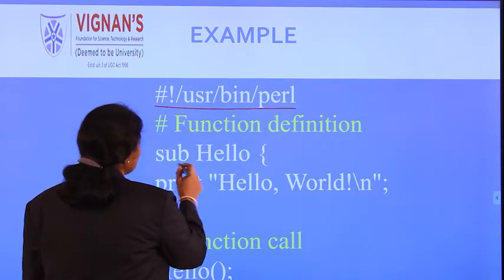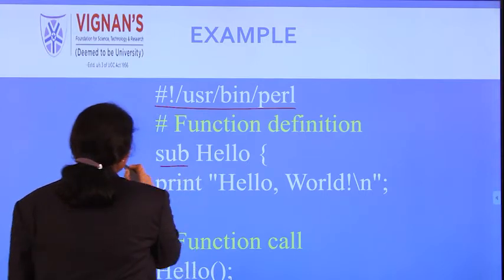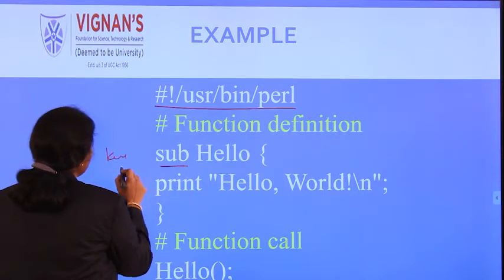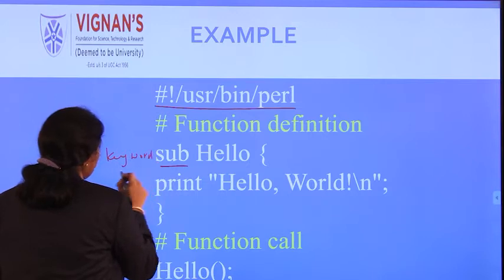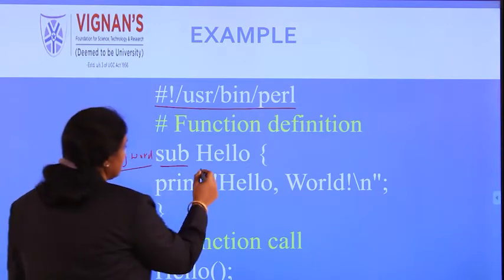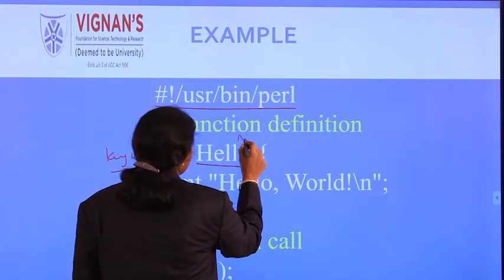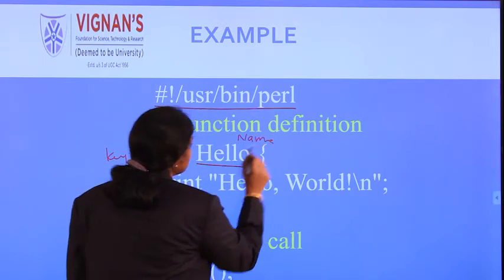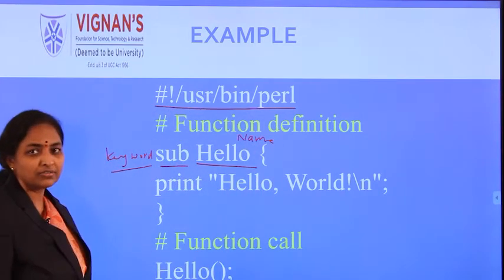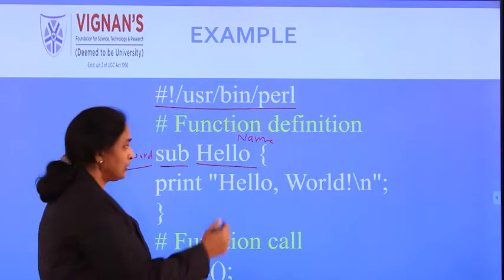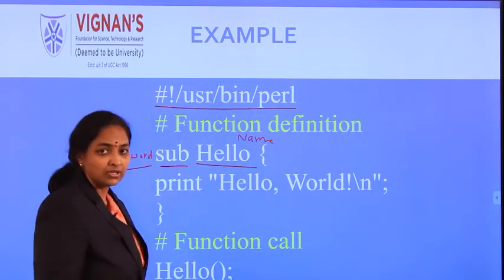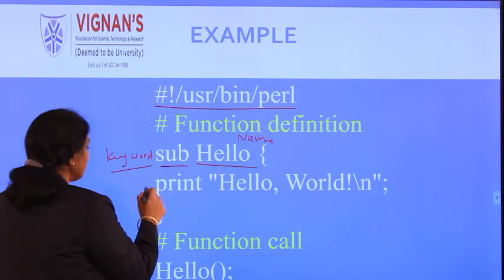Here sub is the keyword, and you have to start with it. Then this is the name of the function. Hello is the name of the function, followed by the open brace. And this is the body.